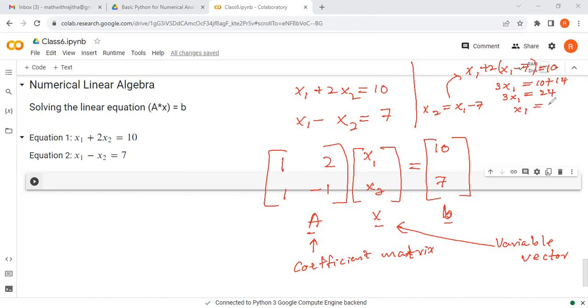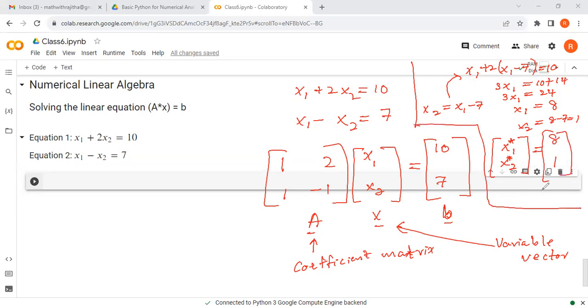Then x1 equals 24 divided by 3, which is 8. You substitute that here: x2 equals 8 minus 7, which is 1. So the solution x1 star, x2 star equals 8, 1. x1 equals 8, x2 equals 1. So this has to be the solution.